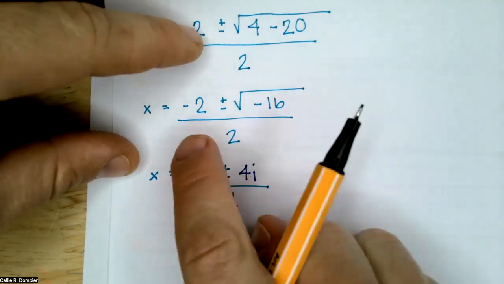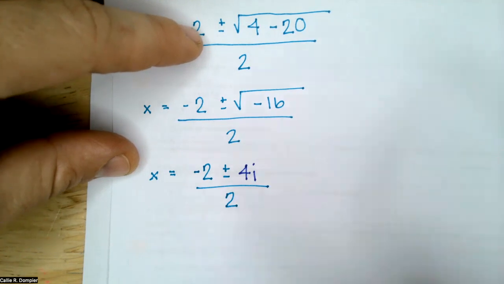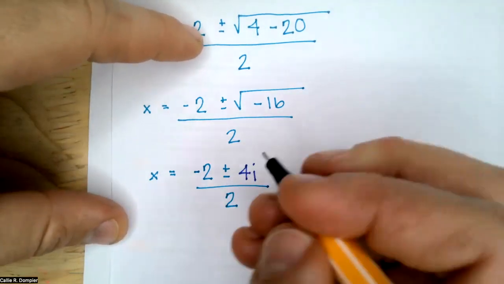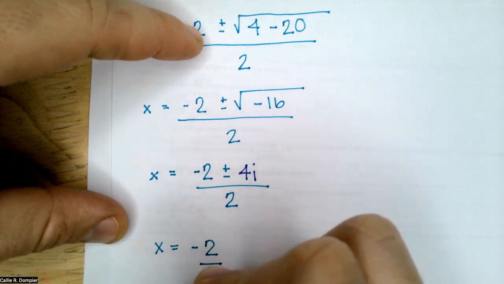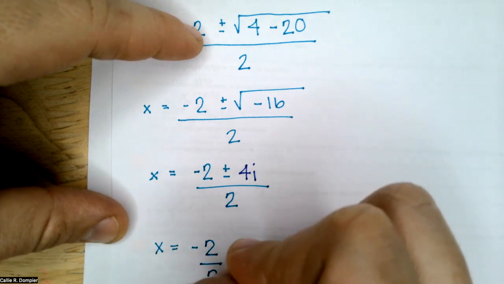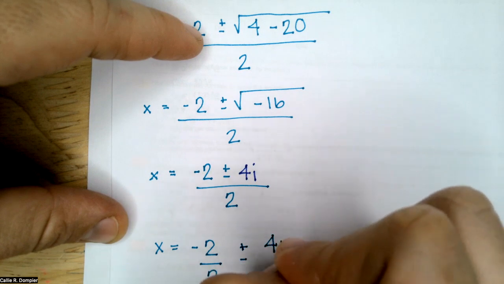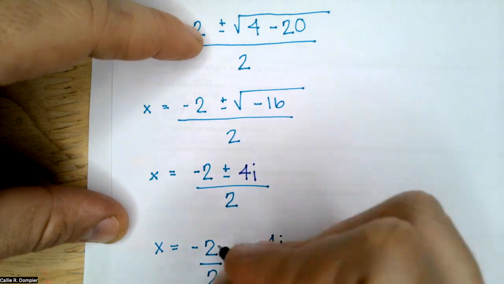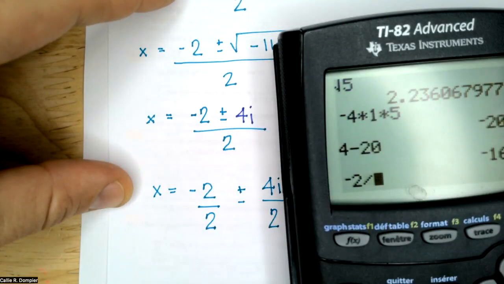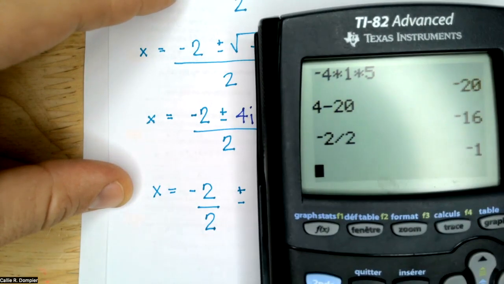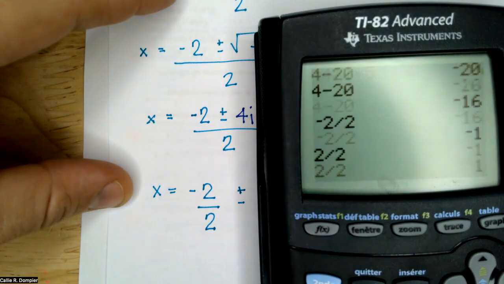Here is a situation where you want to now simplify. Negative 2 divided by 2 plus or minus 4I divided by 2. I want you to take the negative 2 divided by 2. Negative 1, right? Because 2 divided by 2 is 1.